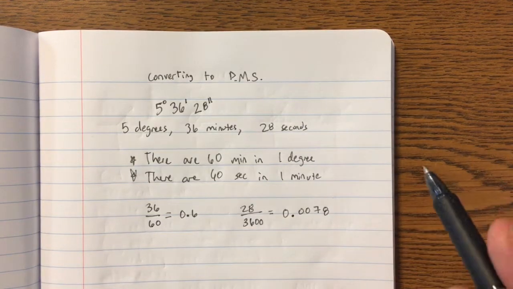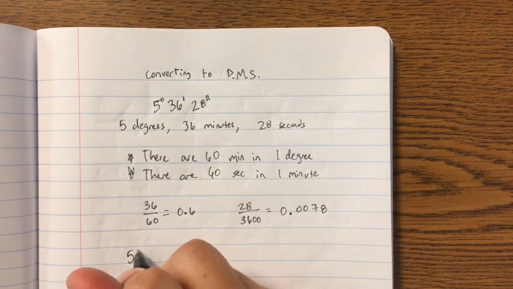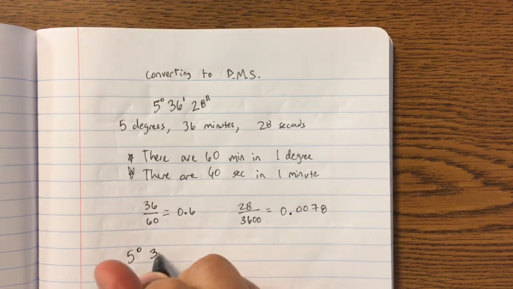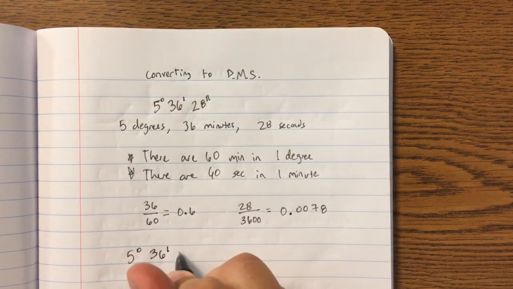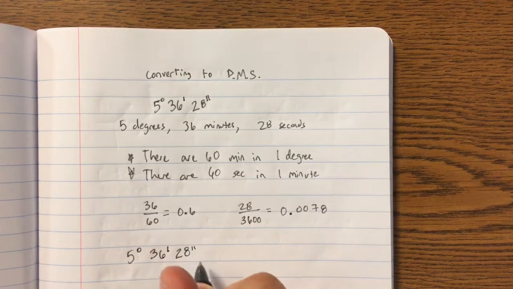So if we want to convert 5 degrees, 36 minutes, 28 seconds to just degrees, like a decimal degree, we just add those 3 numbers together.